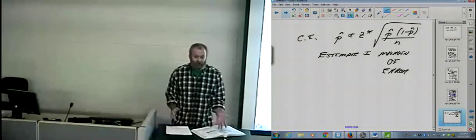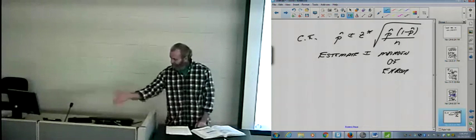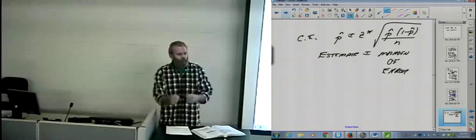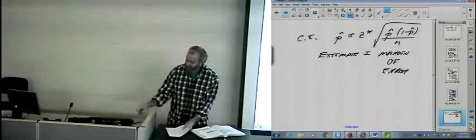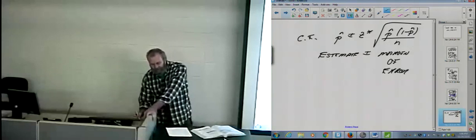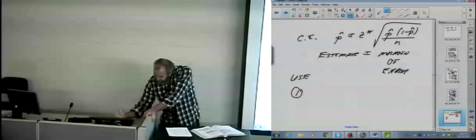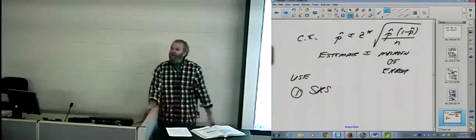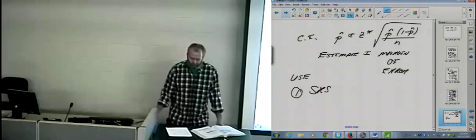What you ask yourself is, is the question asking me to estimate a population proportion? It is. That's my guy. Go find it on my little formula sheets there. Okay? Now, you're allowed to use this. Here are the conditions to use that large sample confidence interval.